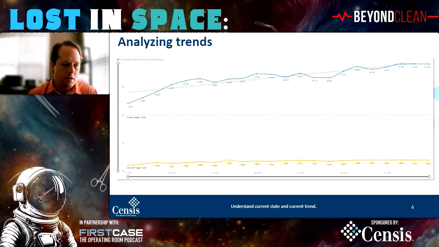What you can see here is that they started off a couple of years ago with something like 10 or 12% of their trays going up missing something, which isn't too bad. And it grew by like 50% over the course of those years. So they've got a trend that's worsening. So definitely a case where you want to dig in beneath the surface and start to understand root causes and why.